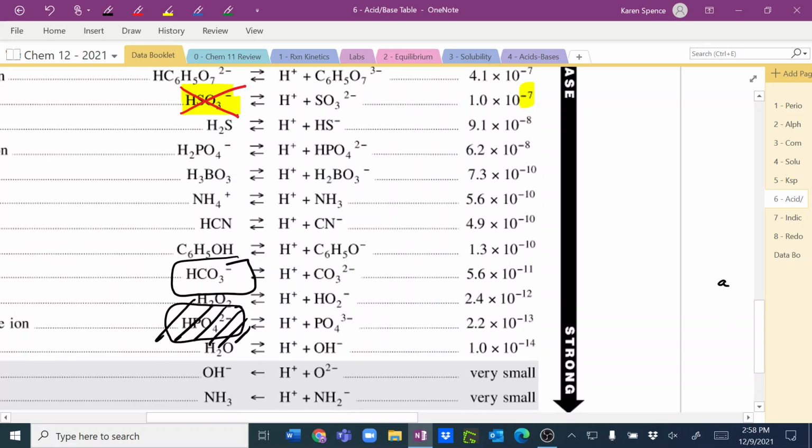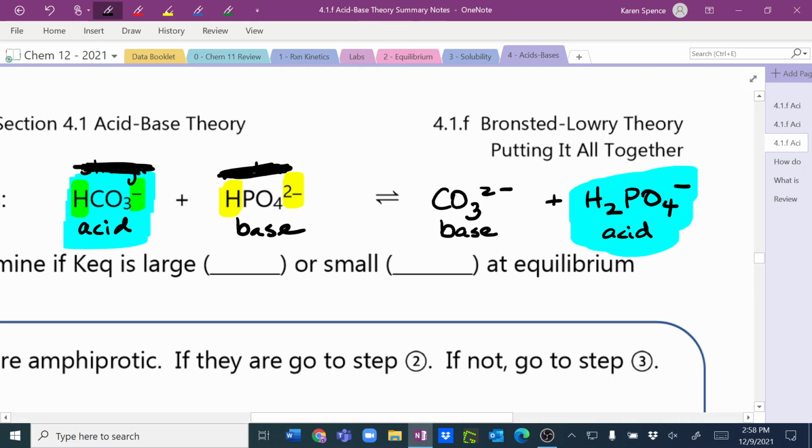Now we want H2PO4, and that's actually the stronger one. So this is stronger, which means that the CO3 2 minus is the stronger base, and that means my two weaker things are over here, and whatever is weaker is favored.